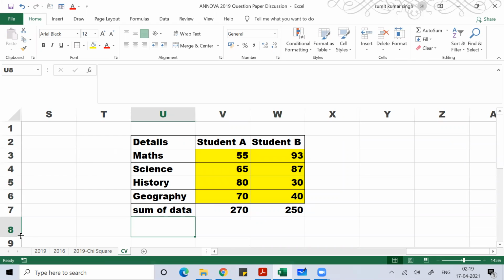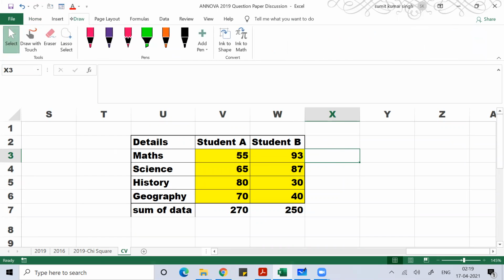So what is the formula of average? We represent average with this symbol. Average is sum of data divided by the number of data. So the average is 270 divided by how many numbers are there? 4 numbers.